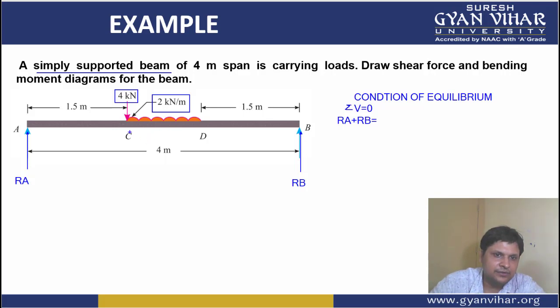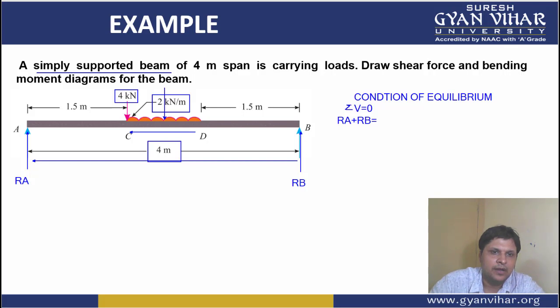What is the length over which this 2 kilonewton per meter UDL is acting? We should know this in order to convert the UDL into a point load acting at its center. The whole span is 4 meter. The remaining portions are 1.5 meter and 1.5 meter.